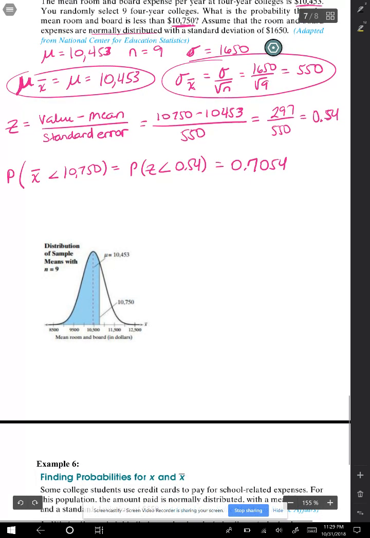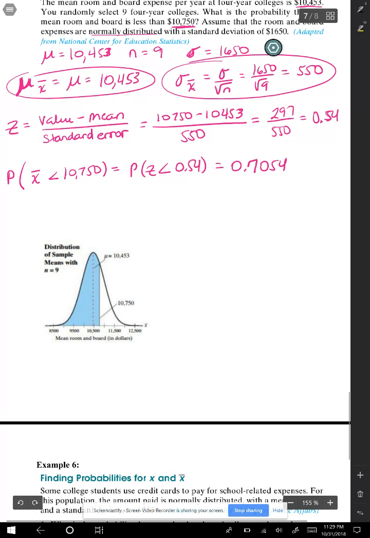And so what that's showing me in the graphic, we have a mean of 10,500, normal distribution, and the value they were asking me to find was 10,750, and we were finding the probability that a randomly selected sample mean would be less than that. And that gives me all of this area, which is the 0.7054. So if I want to interpret that, move the decimal twice, that's about 71%.